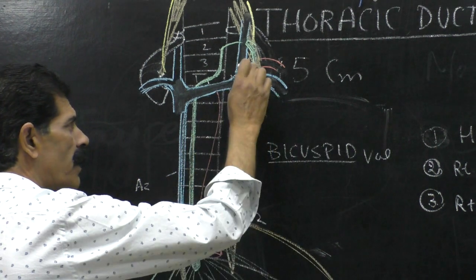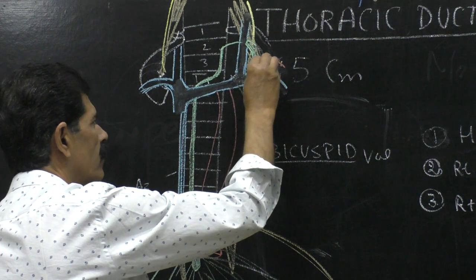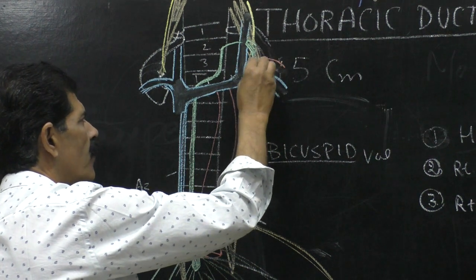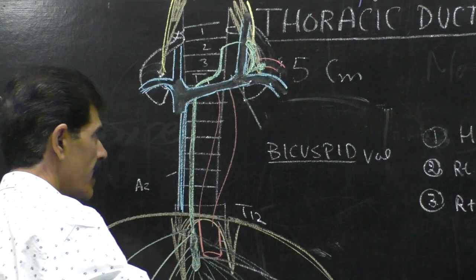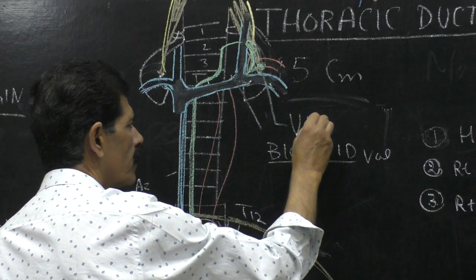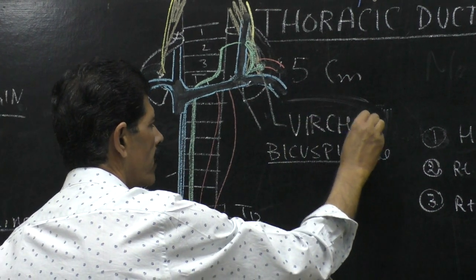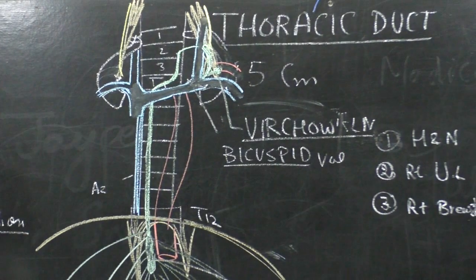Another important thing at the termination is that there lies a single lymph node. A single lymph node is attached to the terminal end of the thoracic duct, and this single lymph node is called Virchow's lymph node. So that is the termination.